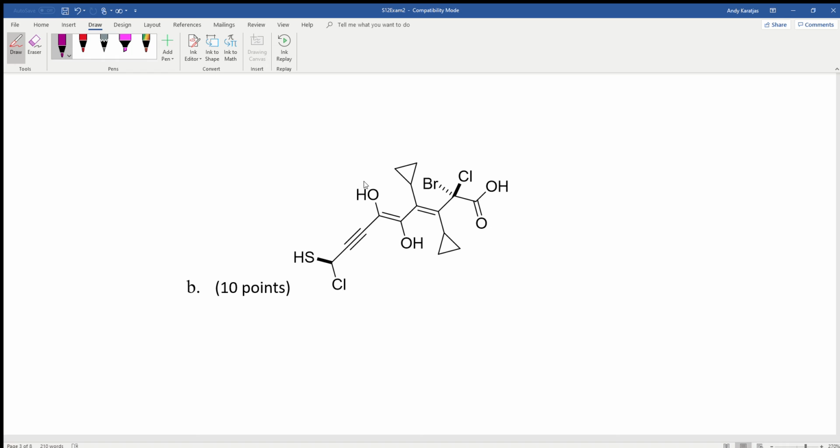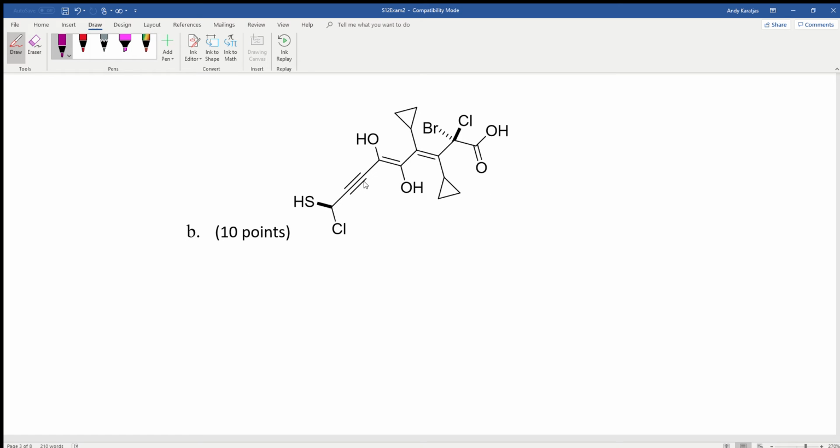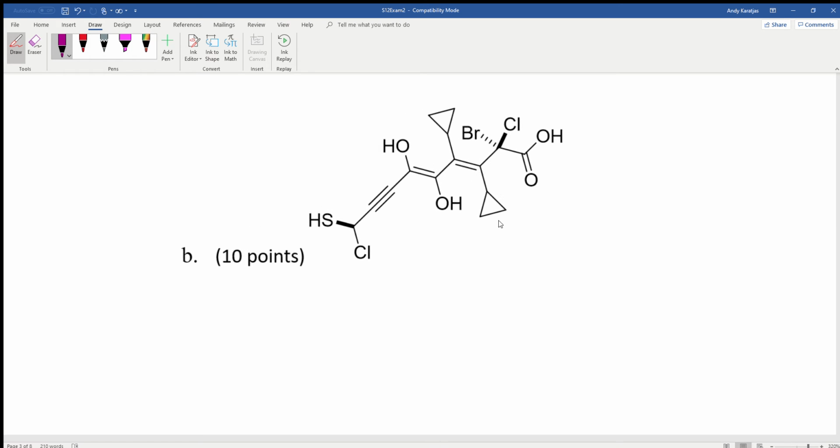Part B is a little bit more complicated. A lot more going on in this molecule. But the first piece, and what should be easy about this question, is that it's a carboxylic acid. What makes it easier is that it tells us right here this has to be carbon number 1.